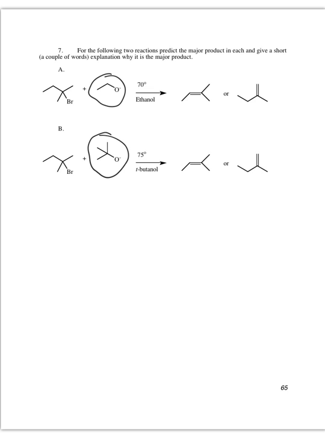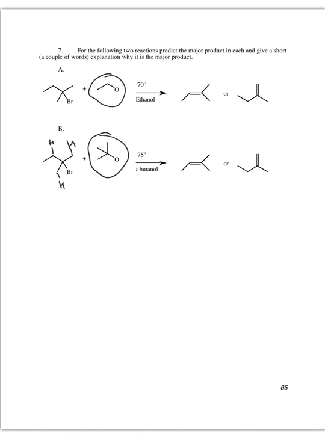With the large base, we have to think about what kind of hydrogens we have. We have two methyls next to the carbon with the bromine and one CH2, and that's in both of them, actually, not just in the one with the big base.